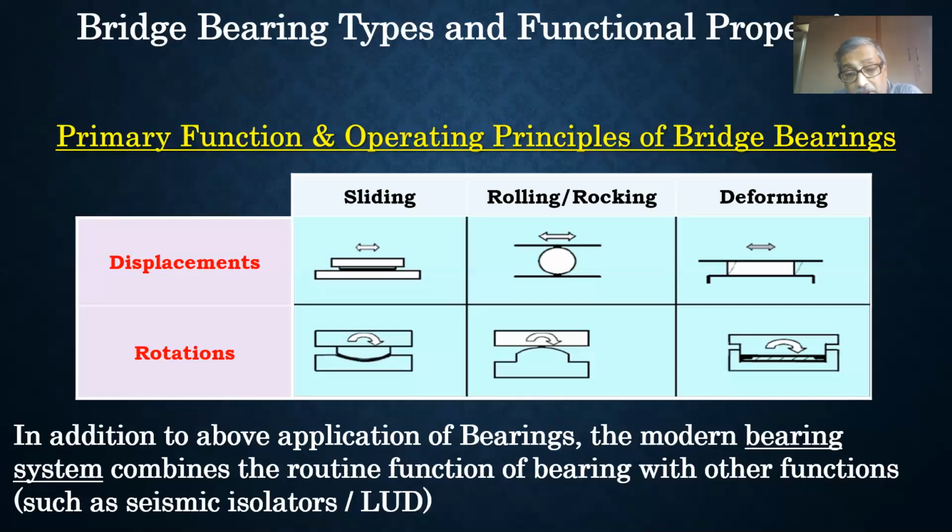Second is the rolling mechanism, where there is a rocking arrangement and the top plate simply rotates with respect to the bottom plate. And the third is the deformation, where a pot bearing is based on this concept, where the confined elastomer is allowed to rotate. Of course, the rotation in this case is a little restricted as compared to the rolling mechanism or the sliding mechanism.